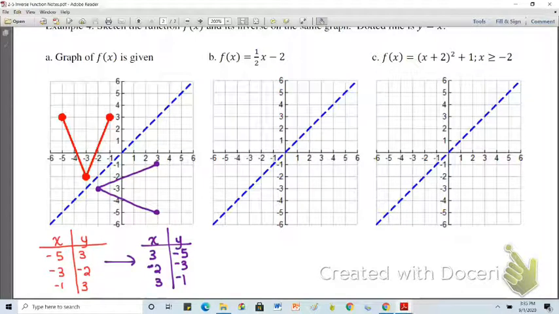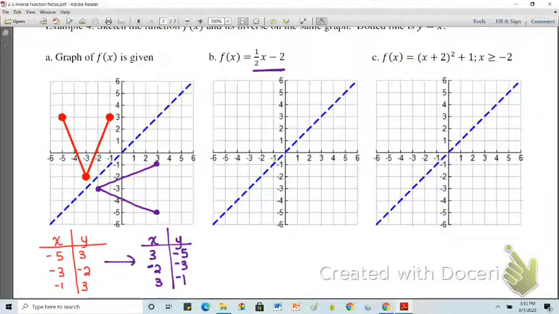So you will notice for B, I gave you an equation. I didn't provide the graph. What you can do is just plug this into your y equals or into Desmos and come up with your own line. I'm going to stick with a red line for my original and a purple for my inverse, just so I can keep up with what we did on the first one.